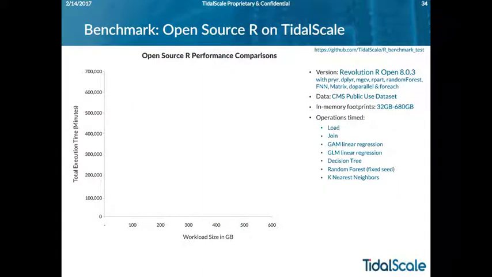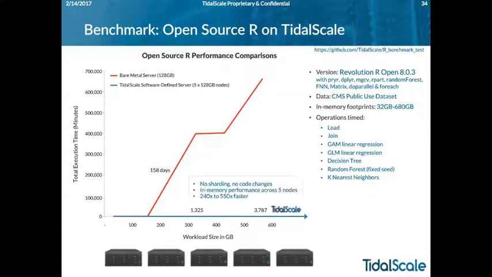Now let's take a deeper look here. If we look at open source R on TidalScale, we tested using Revolution R version 8, and again, that same public data set. And we went through the workload. Remember what I was showing you, that 128 gig server. That goes off the memory cliff, and it becomes infeasible to do this workload. And again, using TidalScale, we're able to run that same benchmark, no sharding, no code changes.